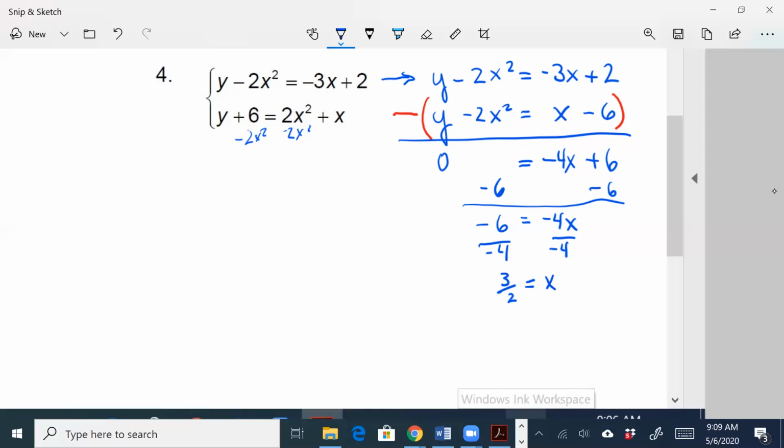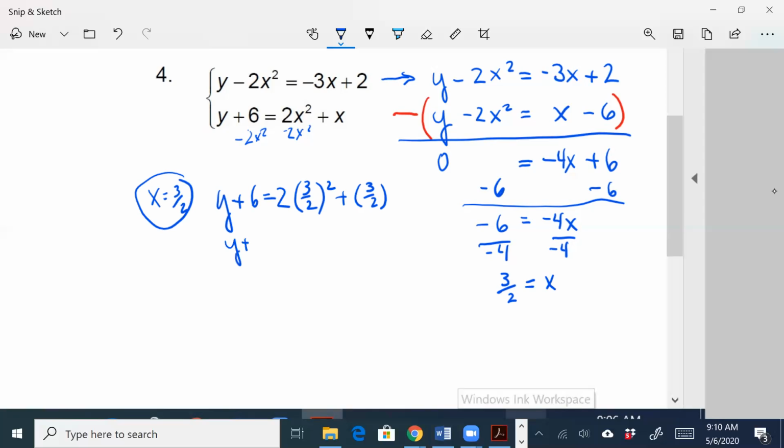So at this point, I'd take that 3/2 and put it back into x in one of these equations. Let's say the bottom one. y plus 6, so I'm going to say here x equals 3/2, just to keep that in mind. y plus 6 equals 2 times 3/2 squared plus 3/2.